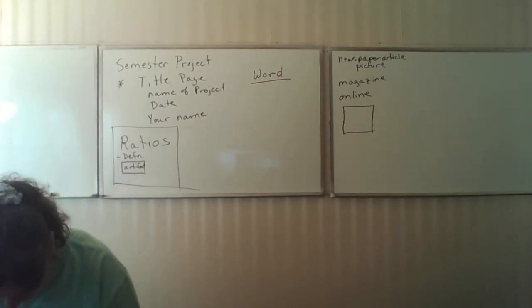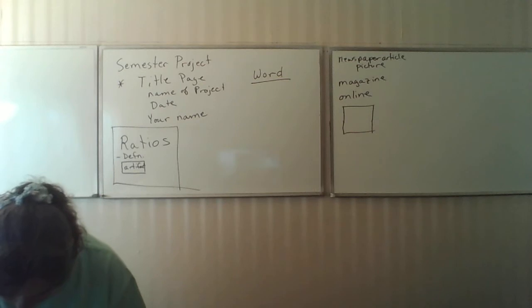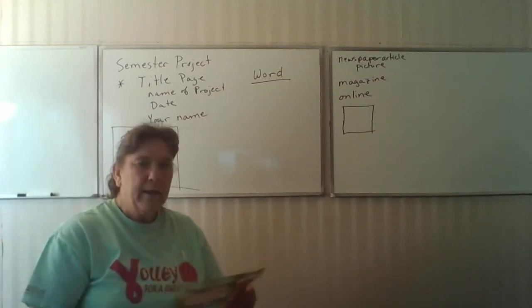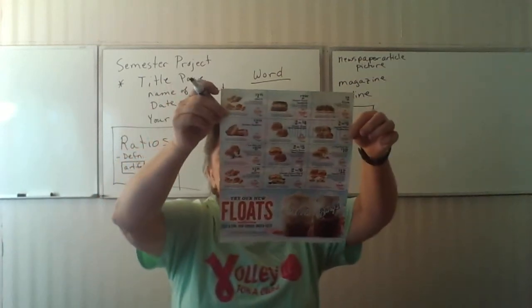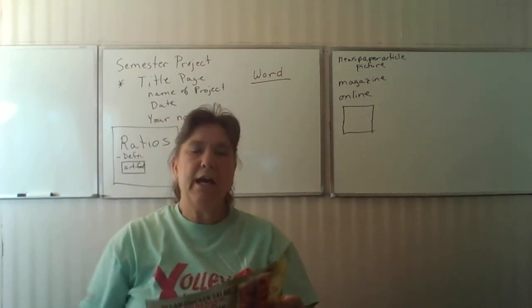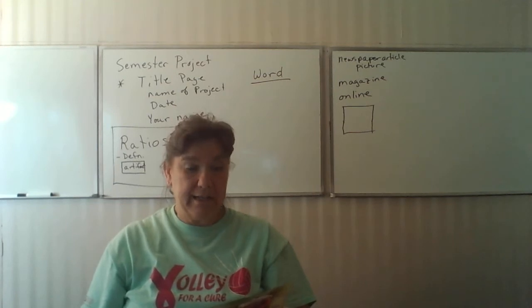Let's see. I don't think there's a ratio example in here, but I think we've got plenty of examples of rates, okay? Right here on this page. There's a number of examples of rates on this page. For example, 2 can dine for $8.99.